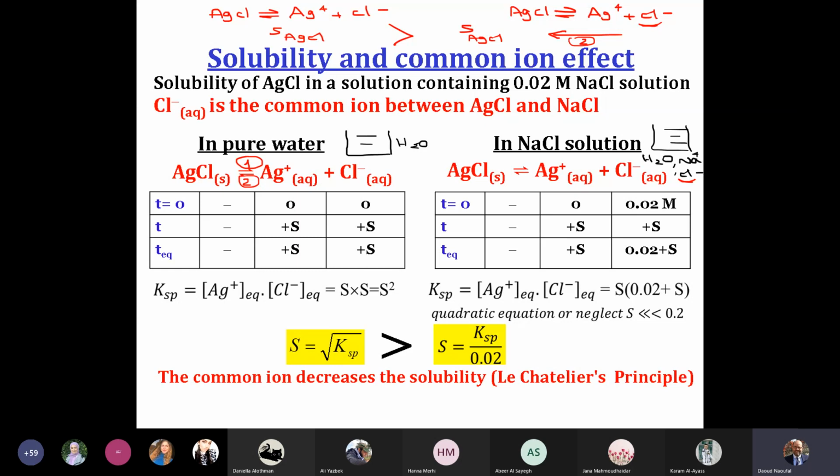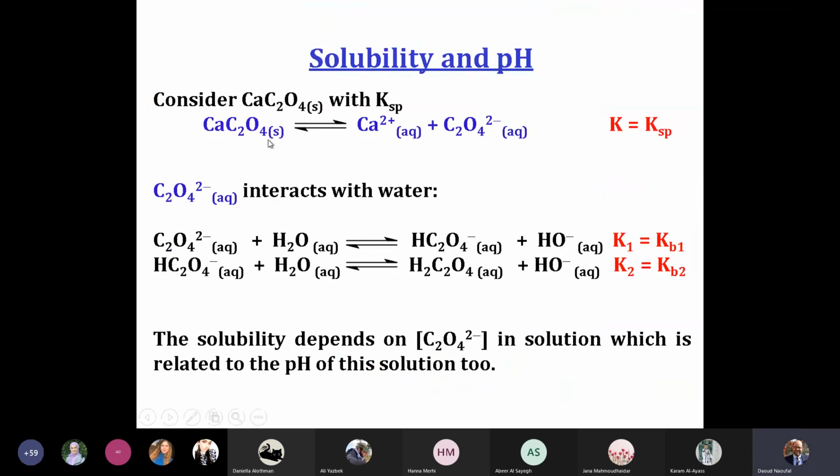So the question now, can the pH of the solution affect the solubility of AgCl? No. So what are the other ways to increase the solubility? Consider the example CaC2O4 solid, giving Ca2+ and C2O4 2-.